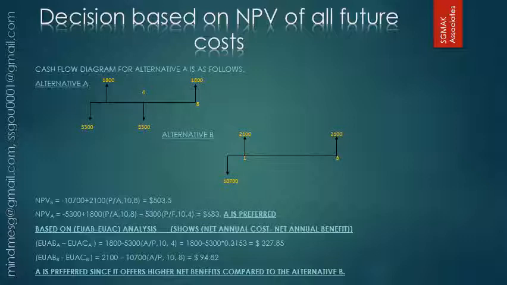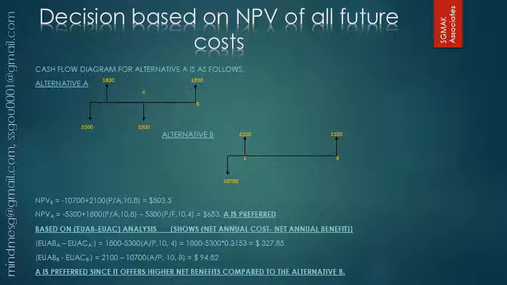For alternative B, following a cash flow diagram, you convert the initial cost into a uniform annual cost, and that comes out to be $94.82. You can look at this number as a net profit on an annual basis.